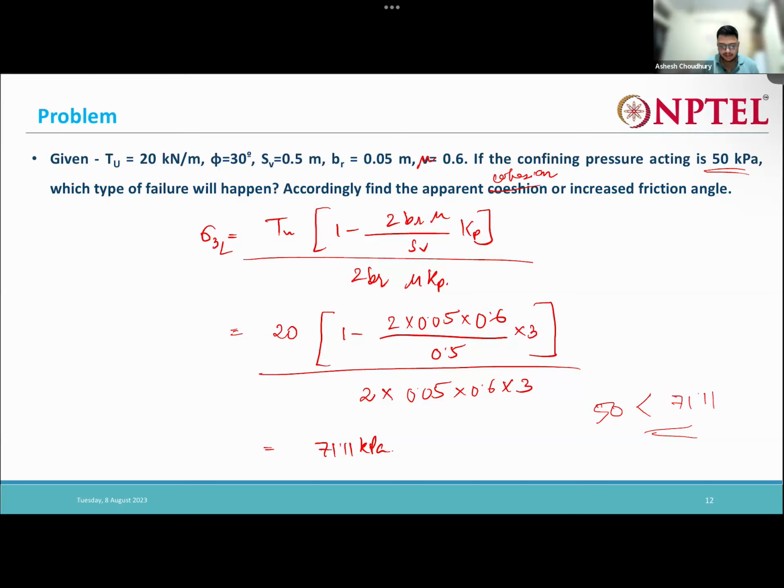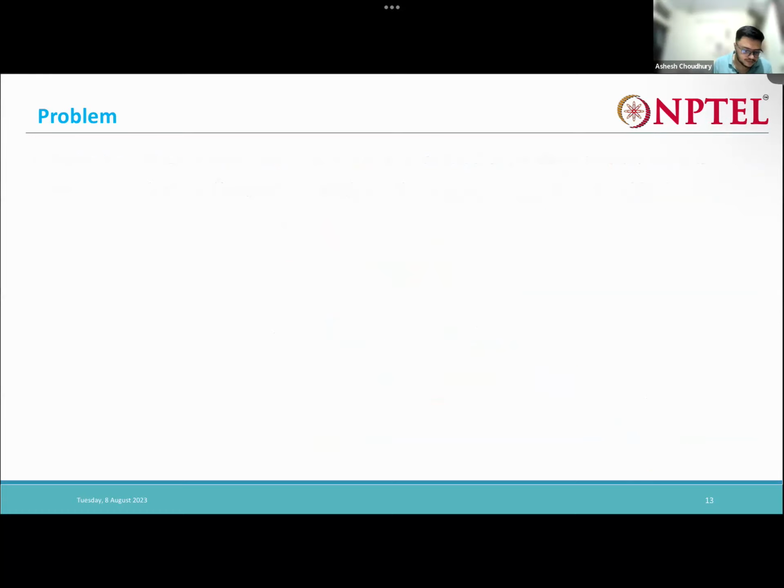This type of failure might happen. What are the chances there? Rupture failure, right? Yeah. Rupture means we can find out the increase in friction angle. For that, what you need to do? We need to determine Kp bar.